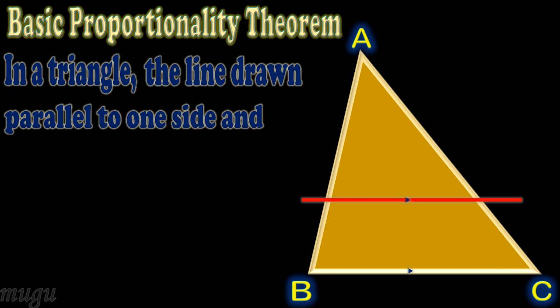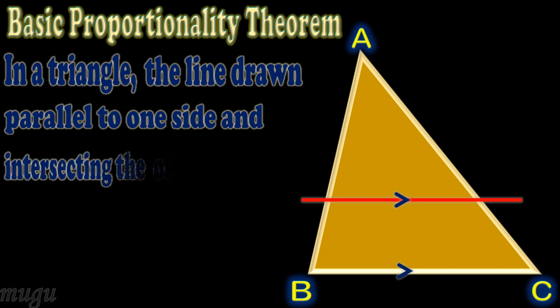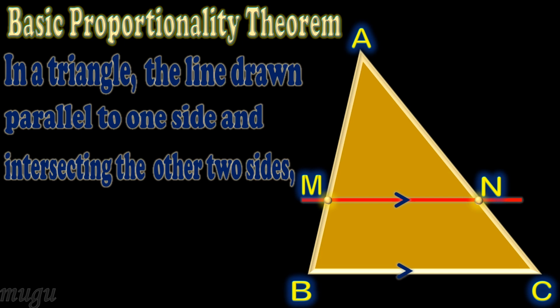So this line drawn is parallel to the side BC. Next, what? Intersecting the other two sides. The line which we drew parallel to BC is intersecting the other two sides, namely AB and AC. So AB it intersects at M and AC it intersects at N.